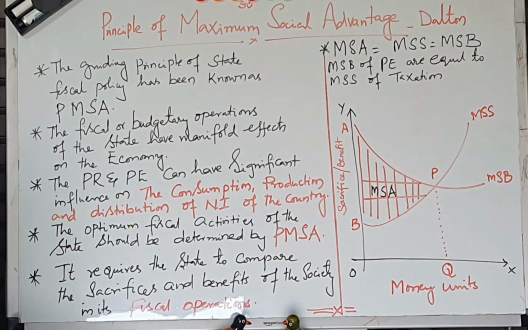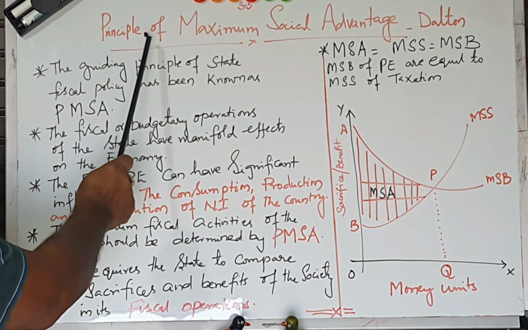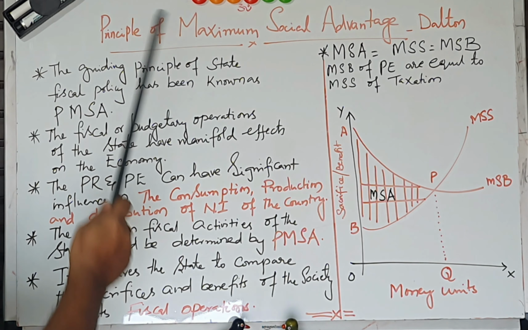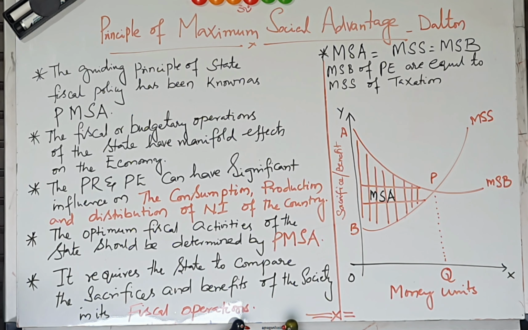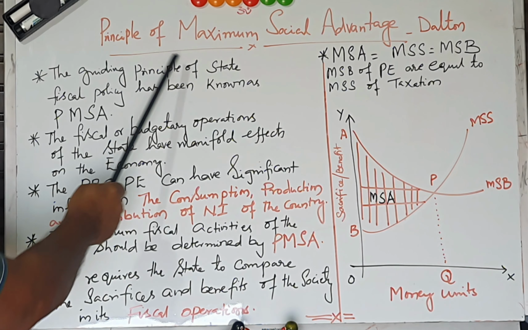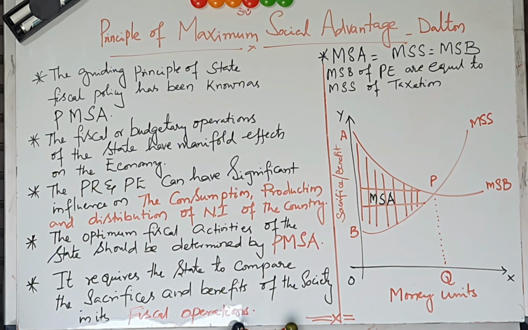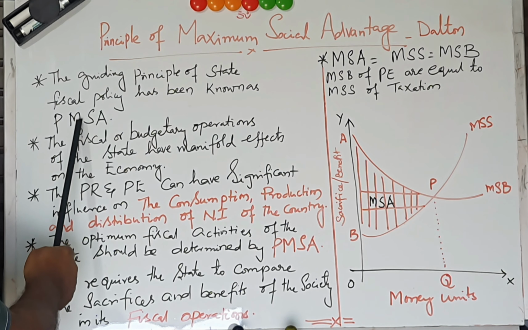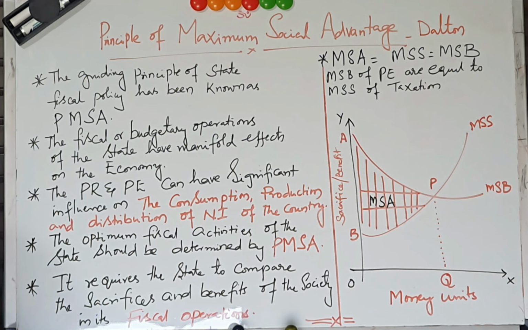Today's topic is the principle of maximum social advantage. What is the principle of maximum social advantage? The guiding principle of state fiscal policy has been known as the principle of maximum social advantage.